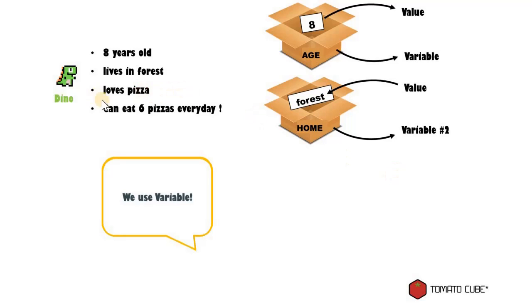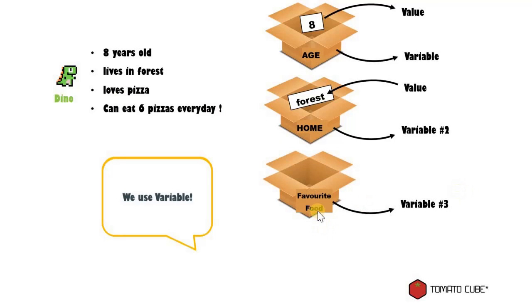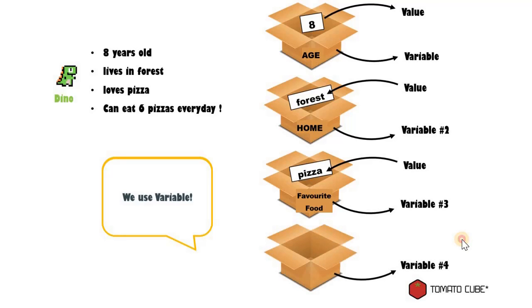And then the third information is Dino loves pizza, so I will create my third variable, and I'm gonna call it favorite food. And the value inside this box is gonna be pizza. And the last information is Dino can eat 6 pizzas every day. So I'm gonna tell the computer by creating the fourth variable, and I name it daily pizza amount that Dino eats. That will be 6.